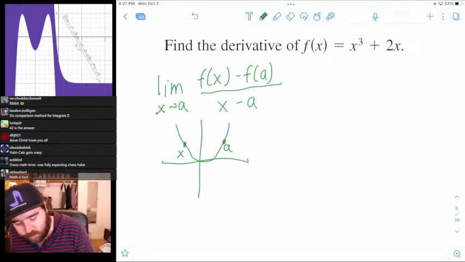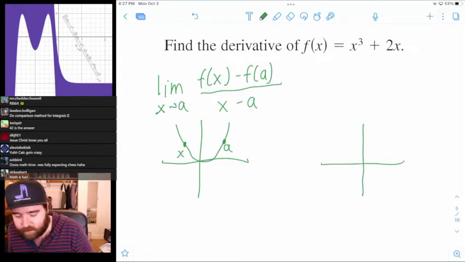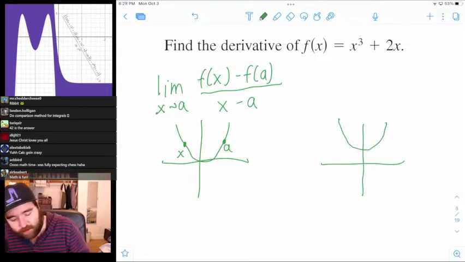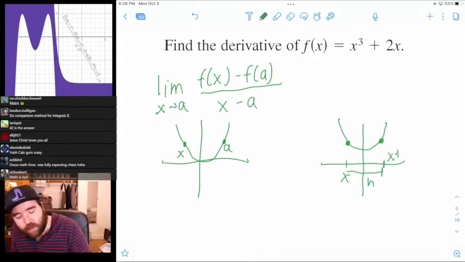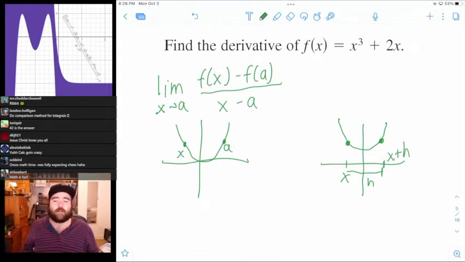But the other way to do it is the same idea, just slightly different. We have this x here and this other point, but instead of thinking of them as points, we think about the distance between them. So this x value is x plus whatever distance is between them, x plus h.